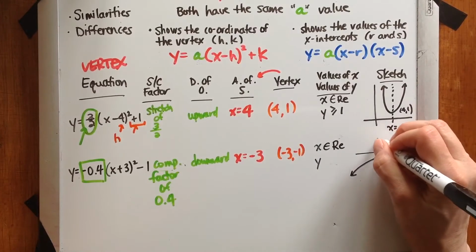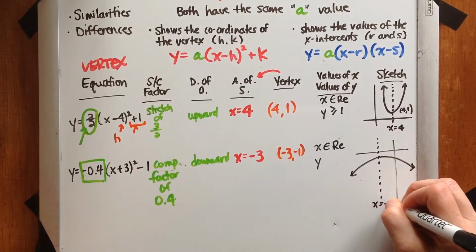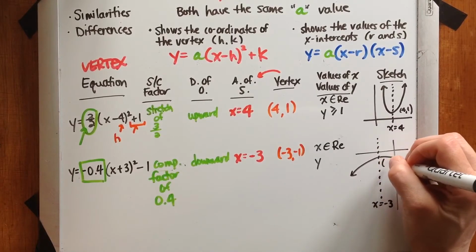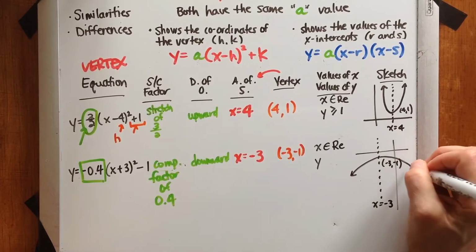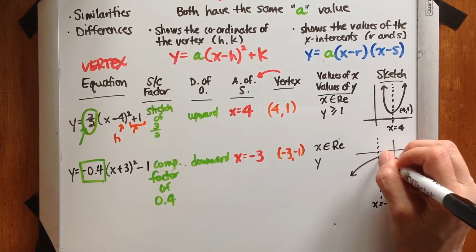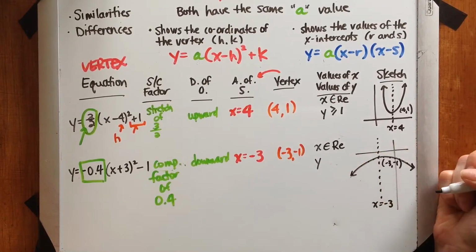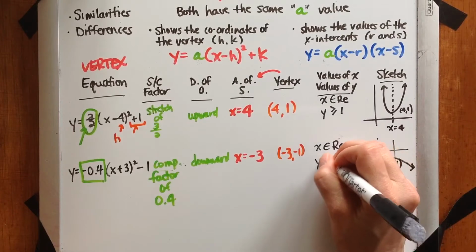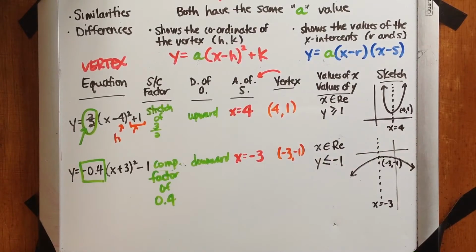I'll put a couple of features on here. We know that x equals negative 3, and we know that the vertex is (negative 3, negative 1). So the y values of any point on this parabola have to be less than the maximum value, which is negative 1. So the y values have to be less than or equal to negative 1.